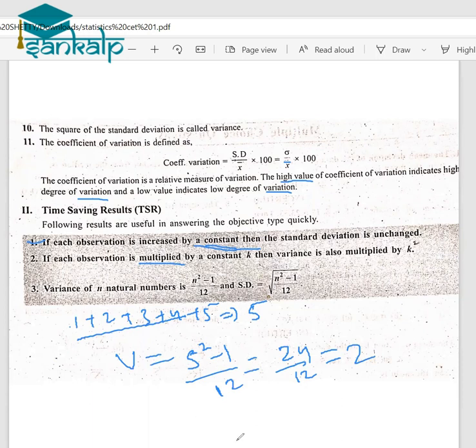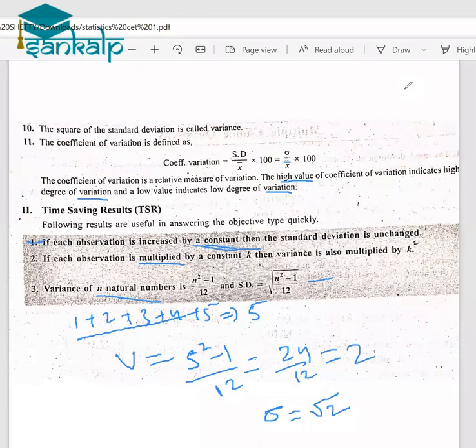So variance is 2, and the value of SD is nothing but the square root of this, which is equal to root 2. So we make use of this formula directly when we want to calculate the variance or standard deviation of the first n natural numbers. Next we will be discussing a few examples based on the theory we have discussed.